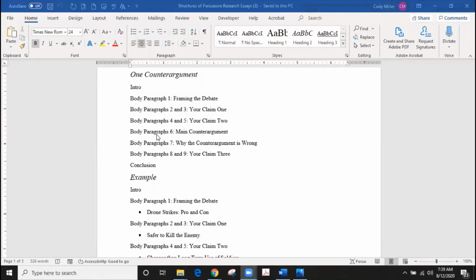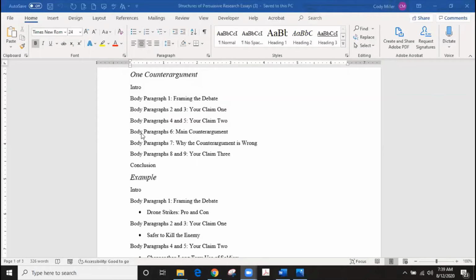Now, what you would do at this point with your body paragraph 6 or your body paragraph 7, whichever fits into your paper the most, is make sure that you are inserting your counter argument and you are sandwiching it between your main claims and what you are arguing is correct, right? What side you are falling on.